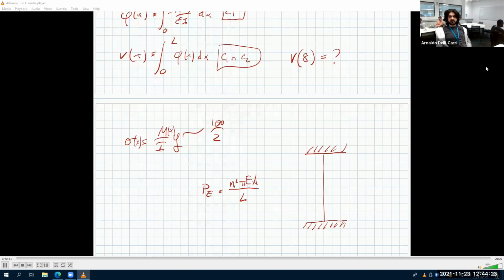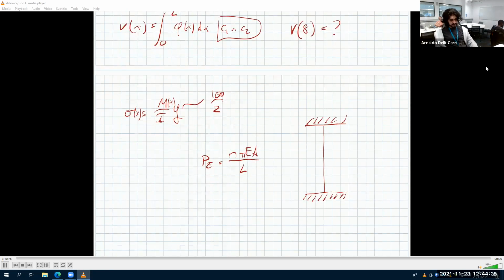We have all the information you need, and you need to find L. What is N in this case? N is 4 for fixed. Again, go back to the original lecture slides and you'll find the formula sheet in it. In this case, you have to find the length that causes this critical load.